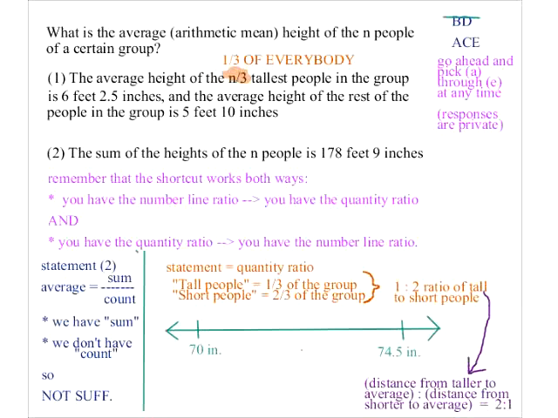So you have to be dividing this number line up into a 2-to-1 quantity. Where it's 2-to-1 taller to shorter, that's going to be backwards as far as the number line is concerned.